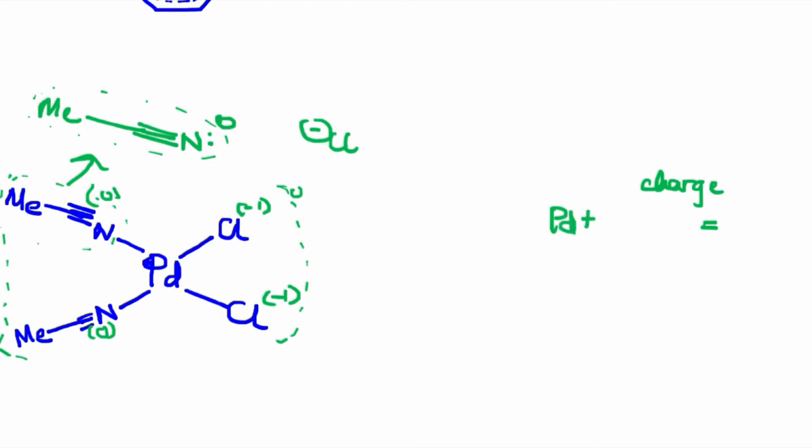In here we have 0 for the nitrogen, cyanide methyl group, and on the other side we have 2 -1 coming from the 2 chlorines. And that results in our palladium here being a +2 in terms of the charge.